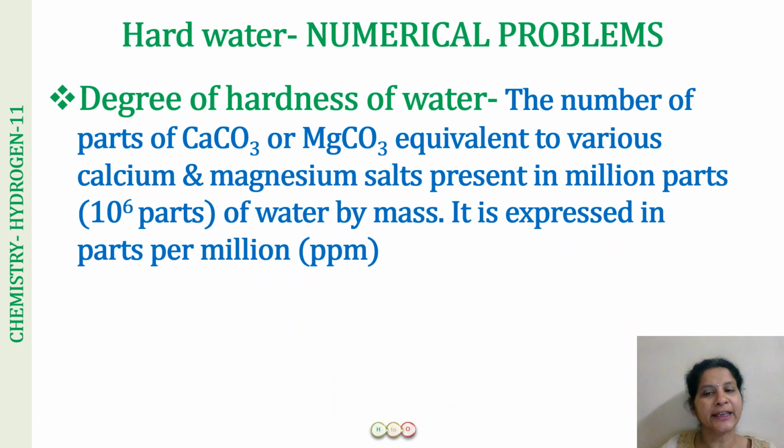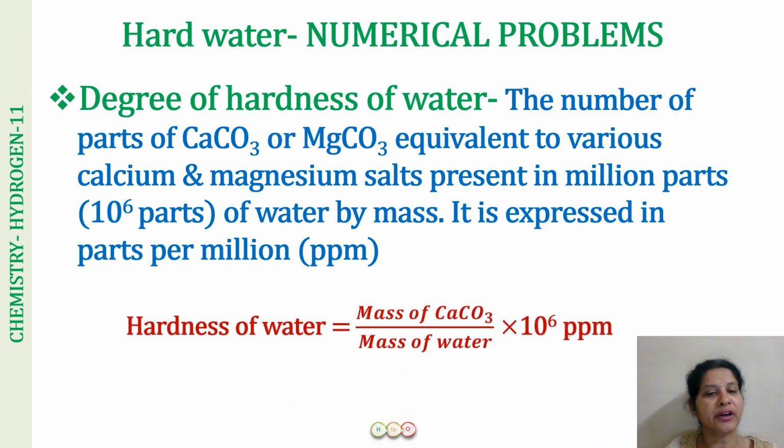So what is the degree of hardness of water? Well, the number of parts of calcium carbonate or magnesium carbonate equivalent to the various calcium and magnesium salts present in million parts, that is 10^6 parts of water by mass, is called the degree of hardness, and we express it in parts per million, that is ppm.